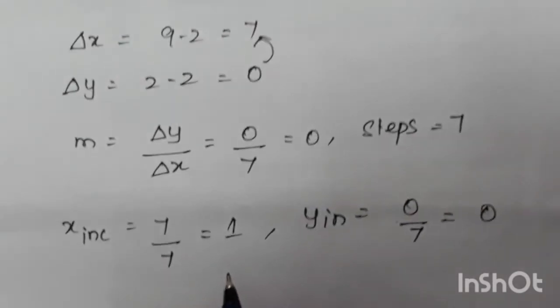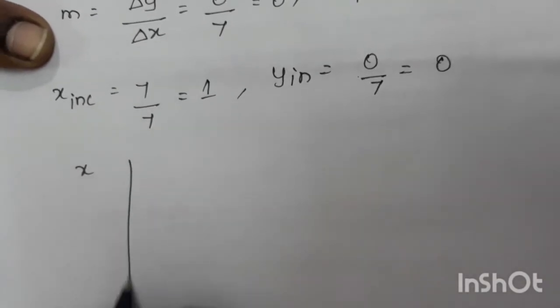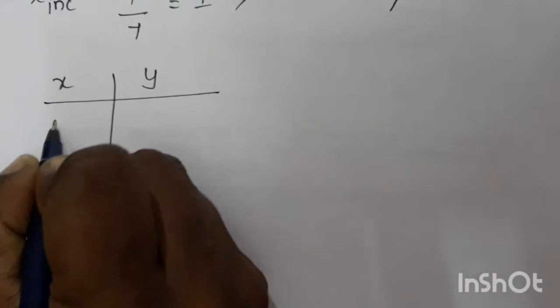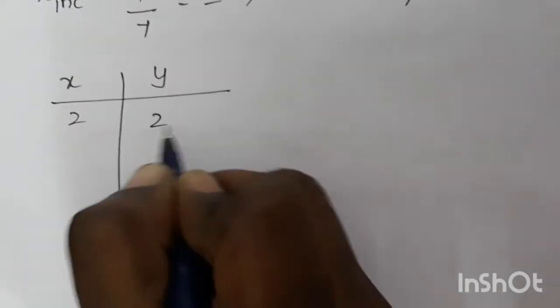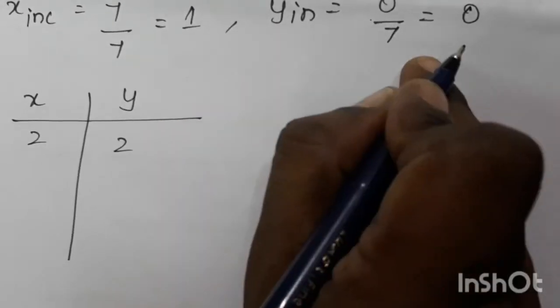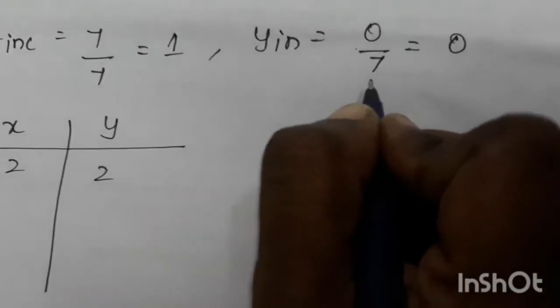So now we'll see how the x and y values change. First, the starting point is 2, 2. The y value is not incremented, so the y value will not get any change.